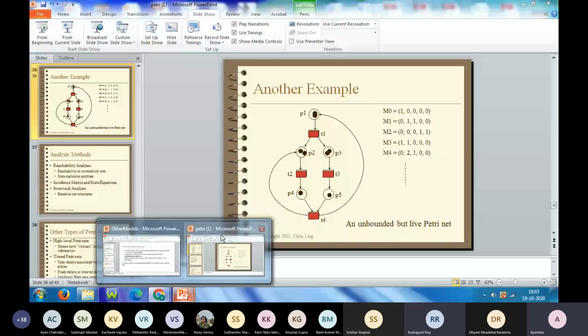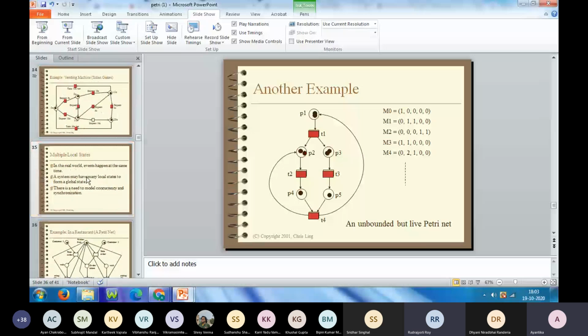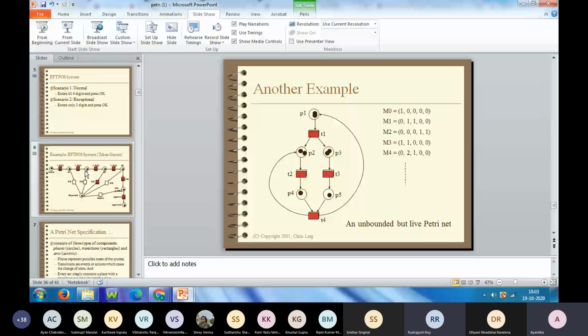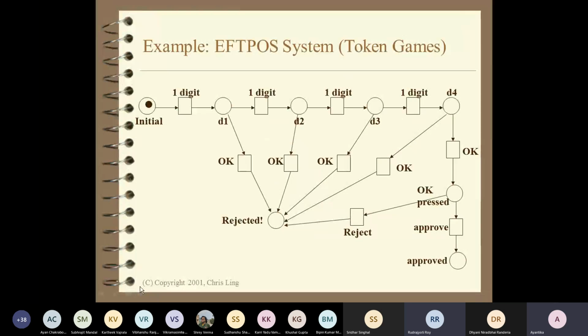Yes, the branch from D4 to rejected should not be there, because OK should be pressed for both the inputs, yes. So from D4 for both the branches the input is Yes, OK.